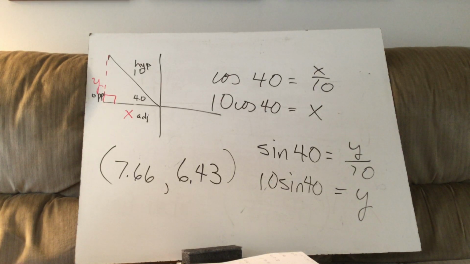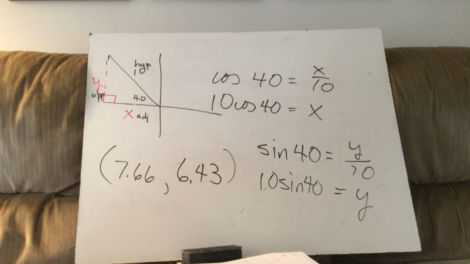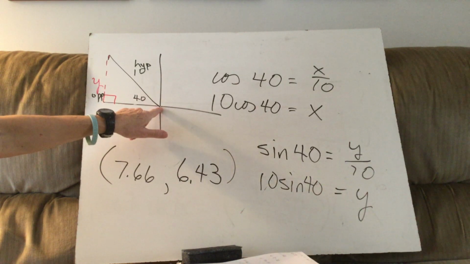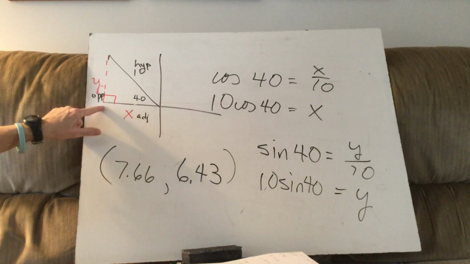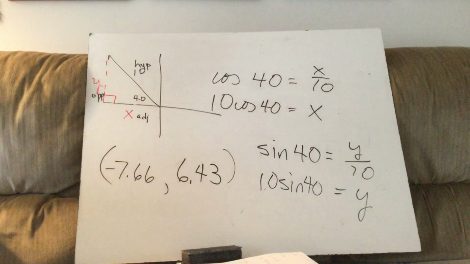Are any of you thinking about the location of this triangle being in quadrant 2, and what that means for this side of the triangle? Here's the origin, guys. If we're going this way, 7.66, don't we have to make that 7.66 negative?